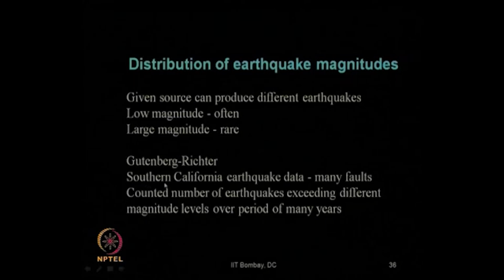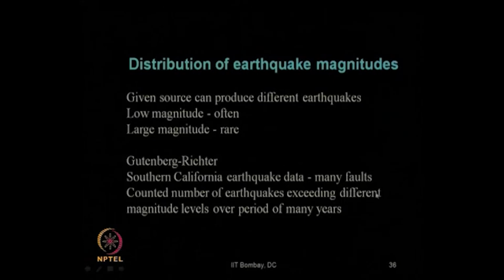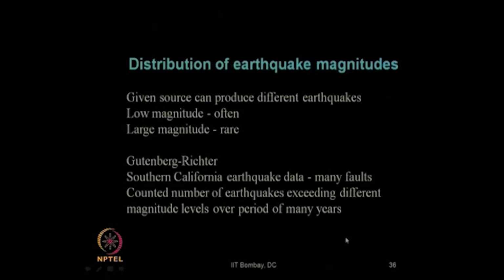For example, take Southern California earthquake data, where many faults are involved, counting the number of earthquakes exceeding different magnitude levels over a period of many years. What is the magnitude level? As I said, it depends on our basic design consideration, like the engineer's decision whether we should consider magnitude 4.5 and above as an earthquake for our consideration, or 5.